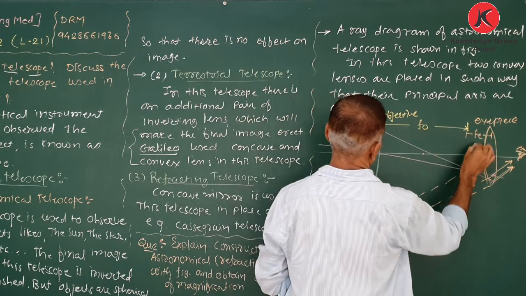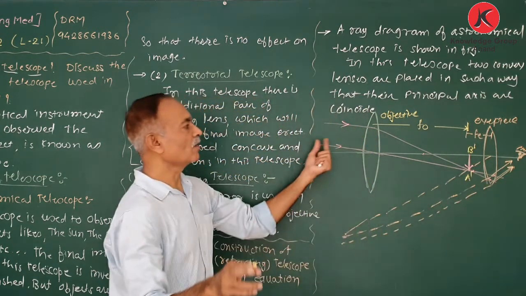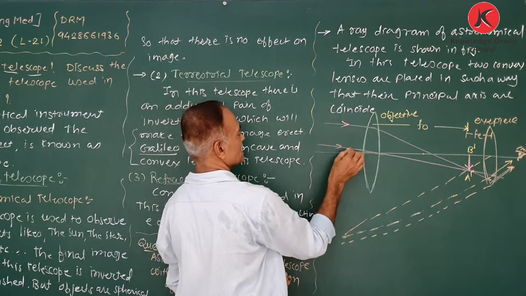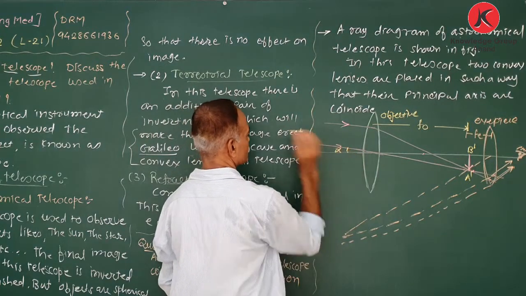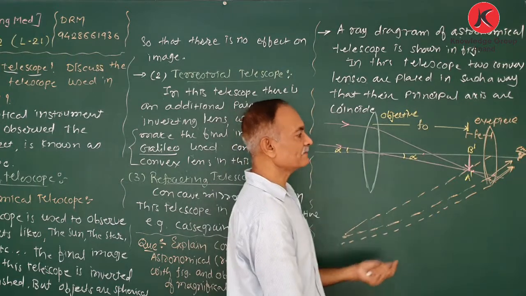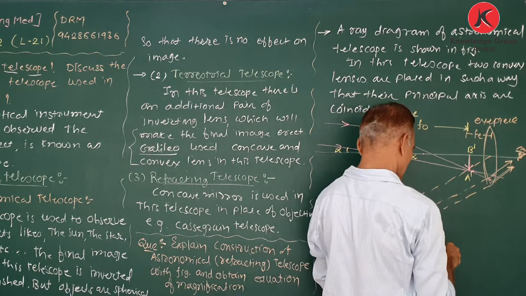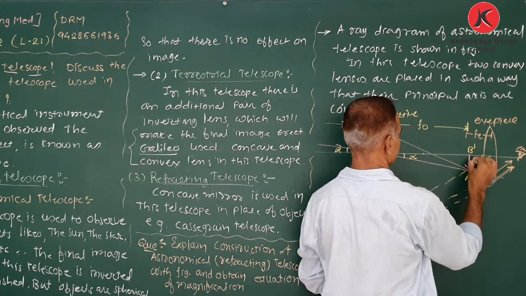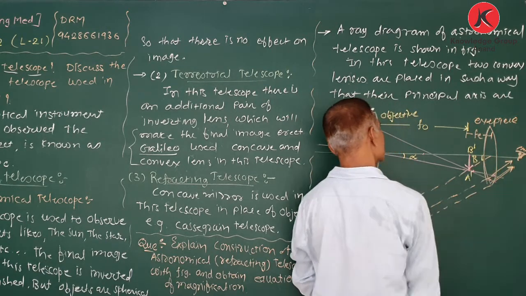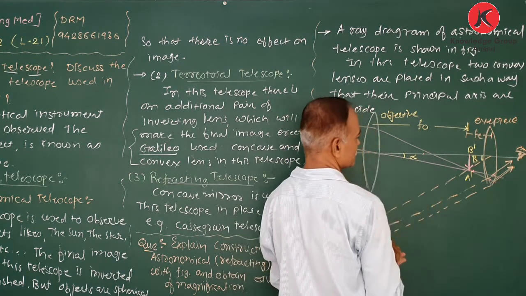Now, the angle subtended by the object at the objective is alpha. There is also alpha. Now, the angle subtended by the image at the eyepiece is beta. There is beta. Now, there is the height of the object.